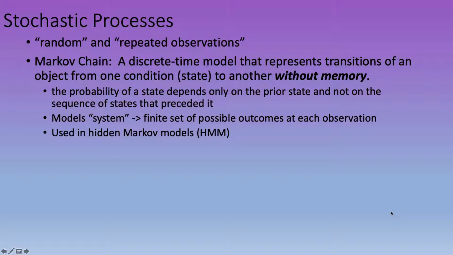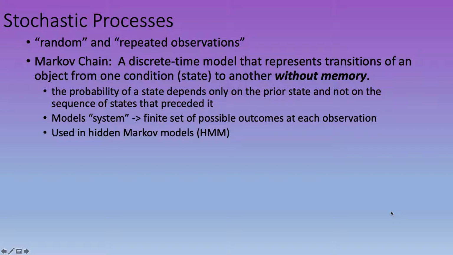A Markov chain is defined as a discrete time model that represents transitions of an object from one condition to another without memory, right? So it doesn't remember all the different changes that have gone on previously. In the case of a Markov chain, the probability state is only going to depend on the immediately prior state, not on the sequence of states that preceded it.